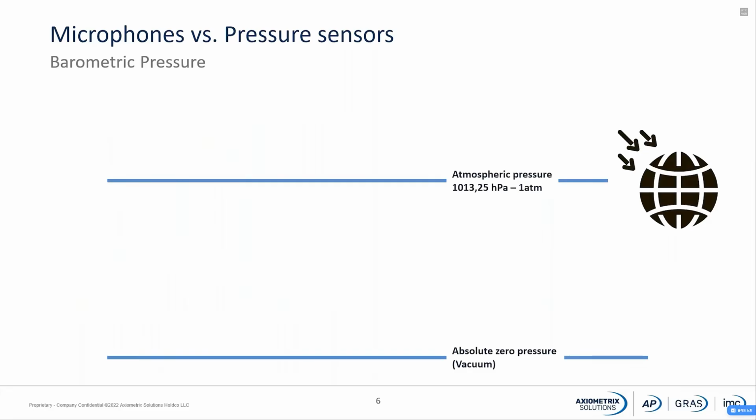So when talking about pressure sensors, we need to put some basics into place here. If you take the absolute zero pressure, which is in a vacuum situation, and then we have the atmospheric pressure, it's 1 atmosphere, or 1013.25 hectopascal.